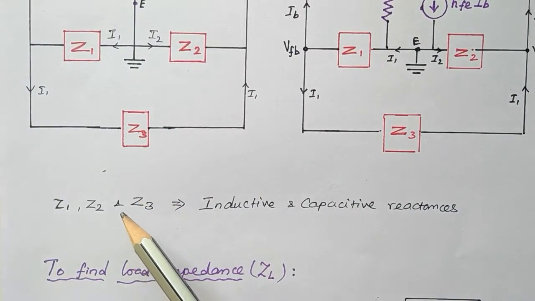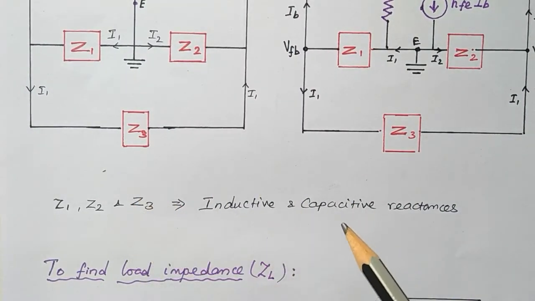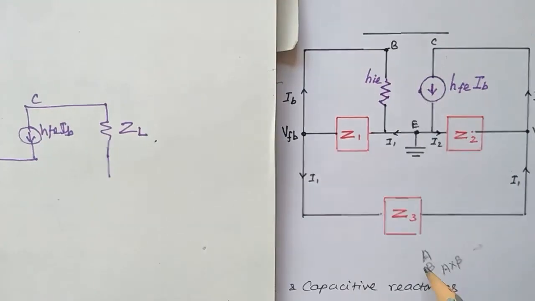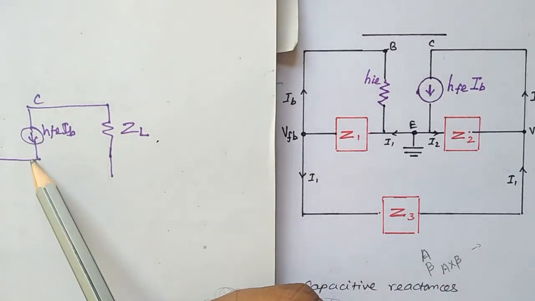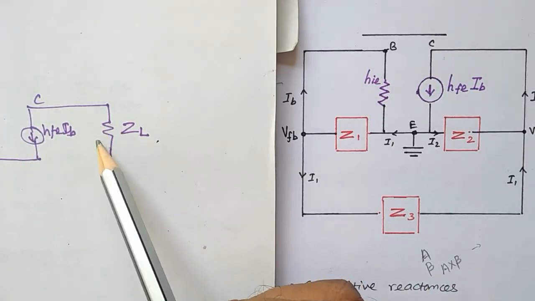Z1, Z2 and Z3 are inductive and capacitive reactances. First of all, we need to find the load reactance. To find the open loop gain, we need to complete the amplifier circuit, which consists of the load.